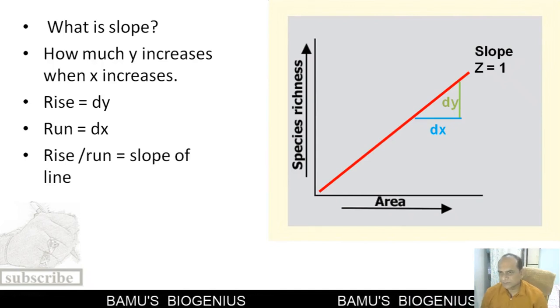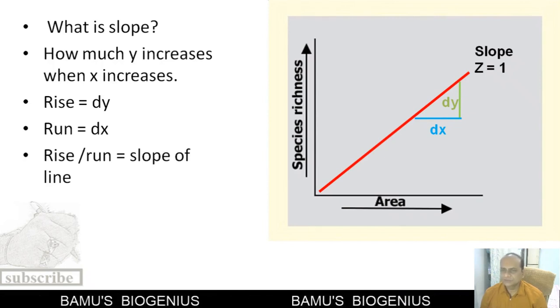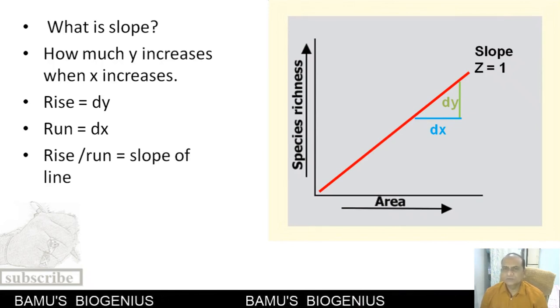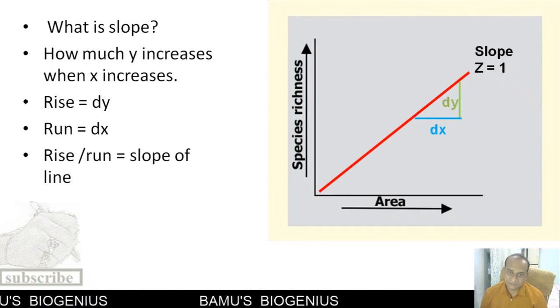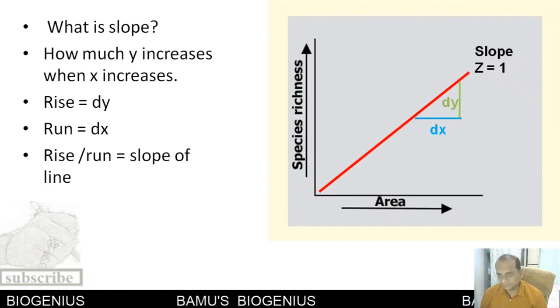Now this number depicting the slope can be used to show the increasing or decreasing diversity of the species in a given area.